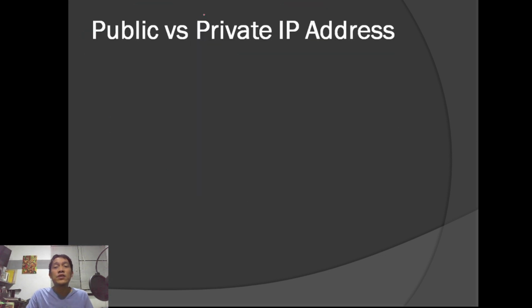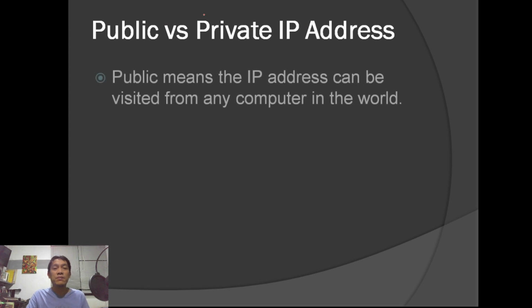So we have public versus private IP addressing. Public means that the IP address can be visited from any computer in the world. All websites use public IP. You cannot host a website that is visible on the internet if you don't have a public IP.